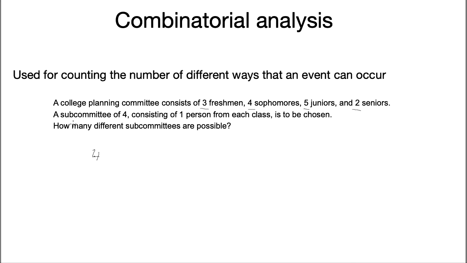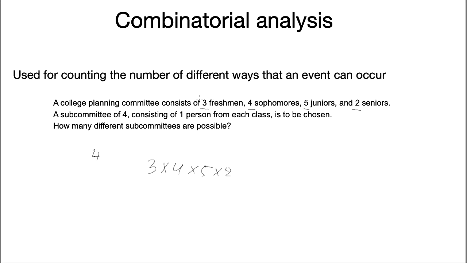The question is how many different subcommittees are possible. The possible subcommittees of 4 persons from this committee will be 3 by 4 by 5 by 2.